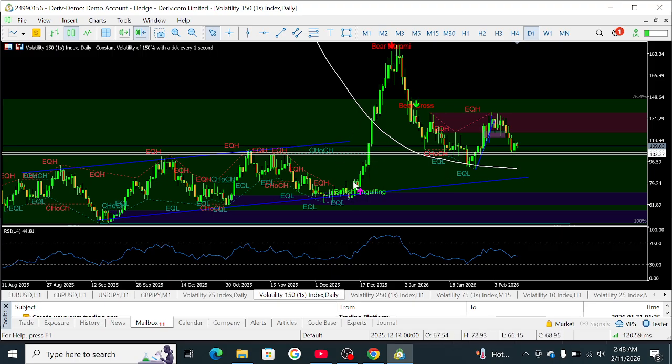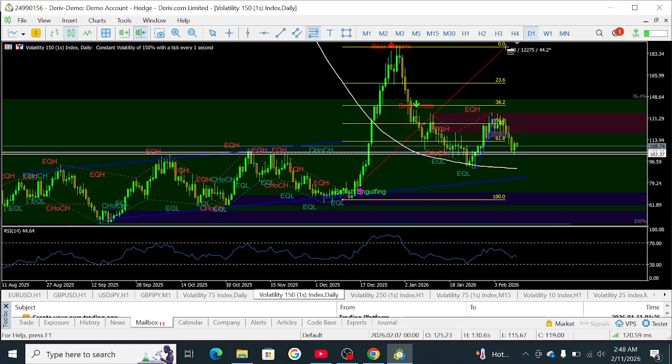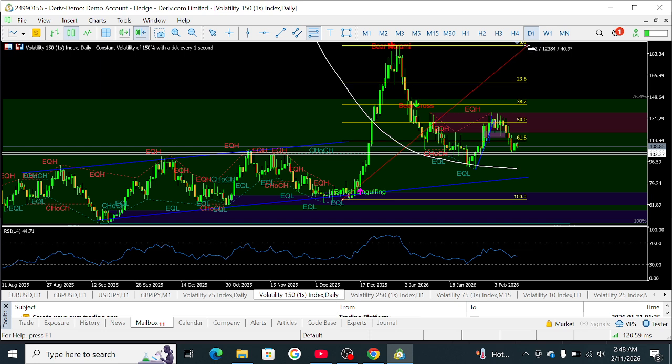All right. So in this case, there are two fair value gaps left behind. You will now get to know which one to choose among the two. How do you choose the one that you want? You choose it by first identifying the one that falls within the areas of interest.